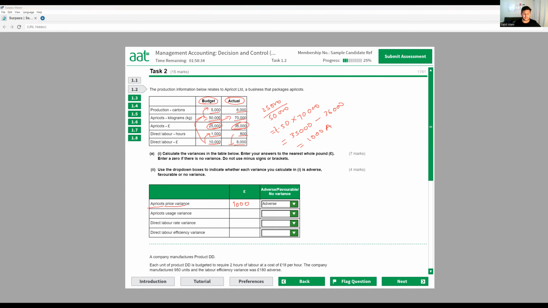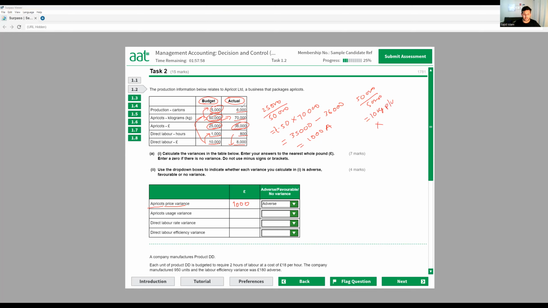So 50,000 kilograms we used for 5,000 units. 50,000 divided by 5,000 gives me 10 kilos per unit.